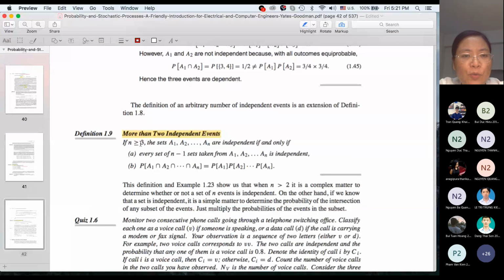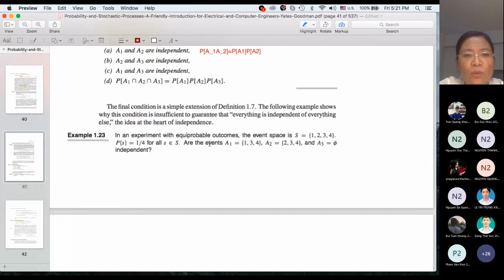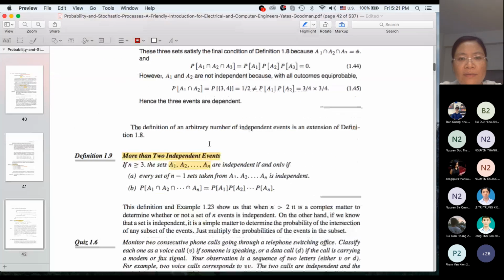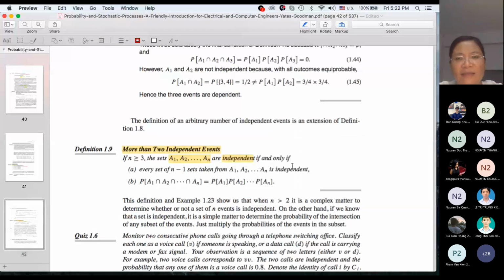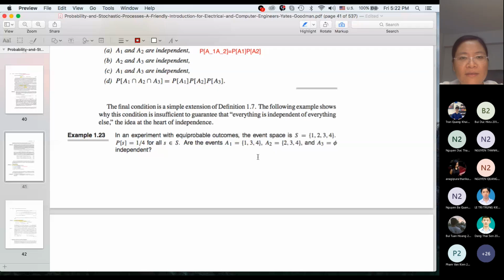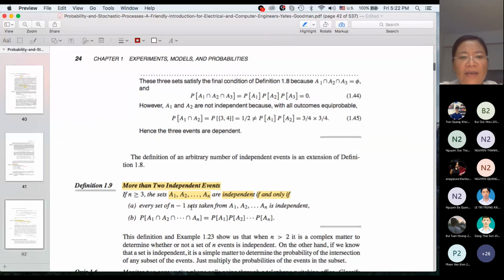If n is greater than 3, the set A1, A2, ..., AN are independent if and only if: first constraint, every set of n minus 1 sets taken from A1, A2, ..., AN is independent.